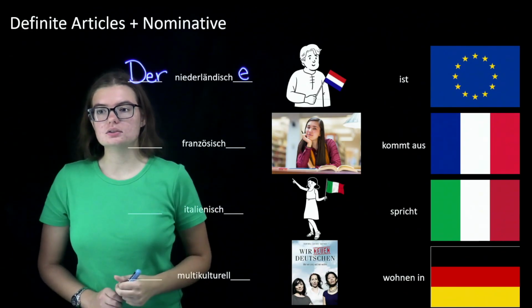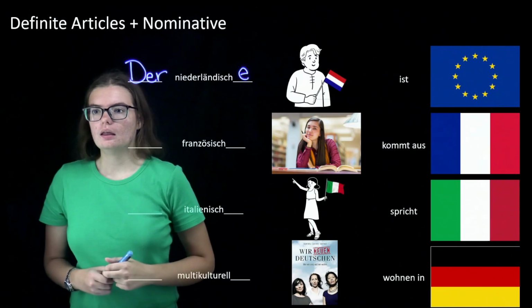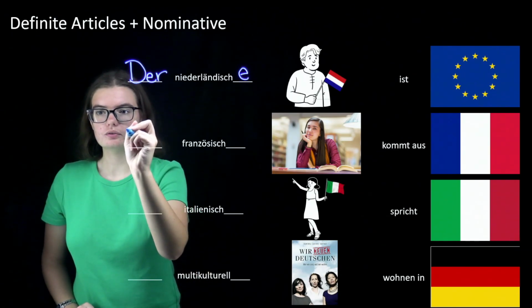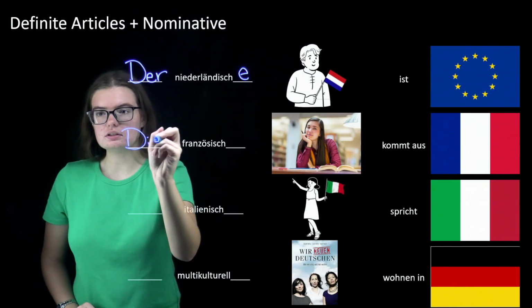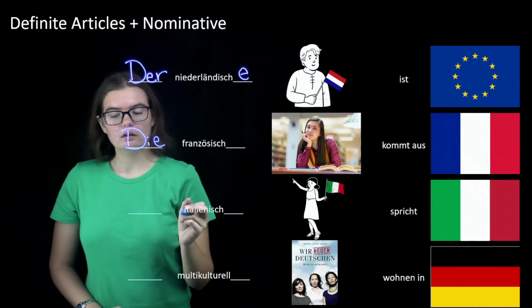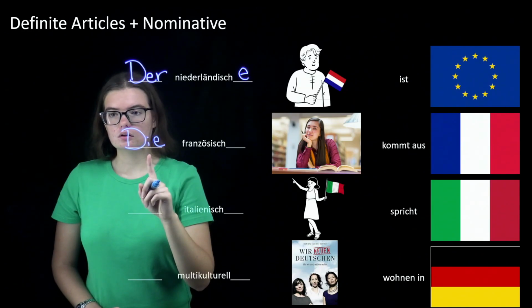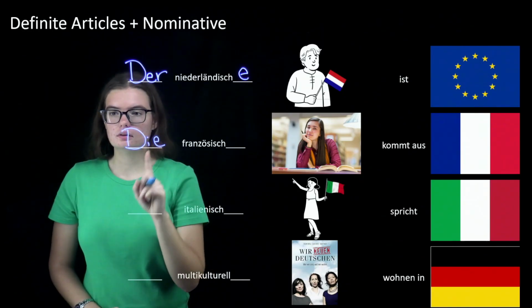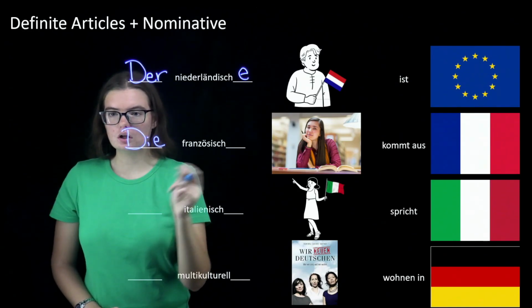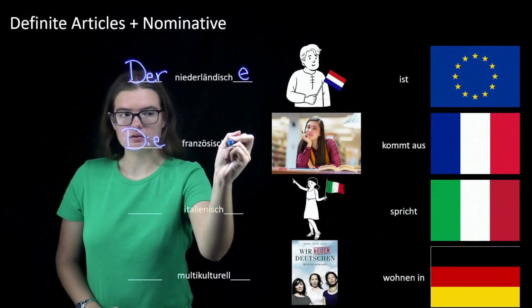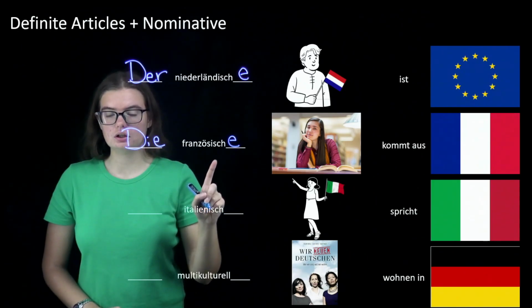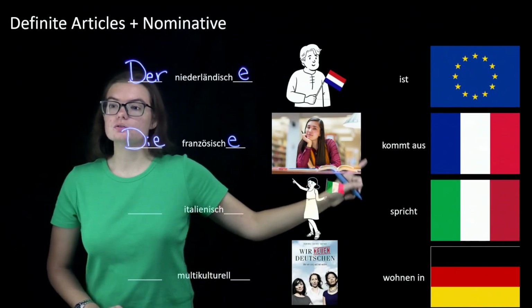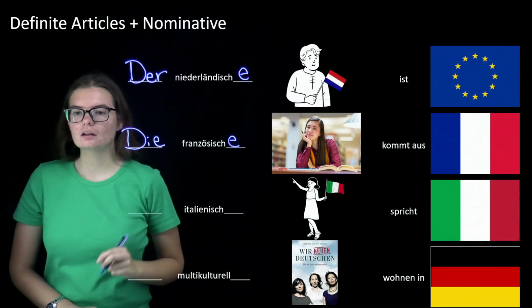So that is going to be feminine, and the definite article for feminine nominative is going to be die. And this also says that it's feminine, so we just put a generic A on the end. Die französische Studentin kommt aus Frankreich.